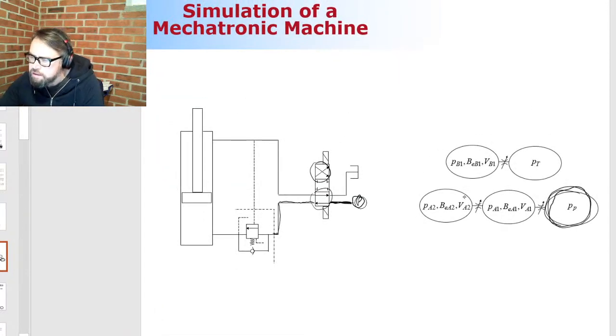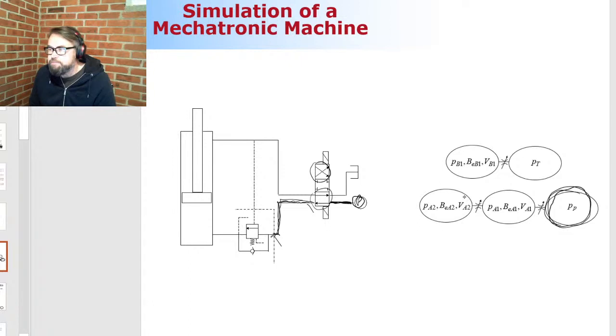Within this pipeline or hose line, we can assume that the pressure at the very beginning of the hose line is exactly the pressure when the hose line is about to end. Why? Because the hose line is assumed to be somewhat small, and we assume there are no internal throttles in this hose line.